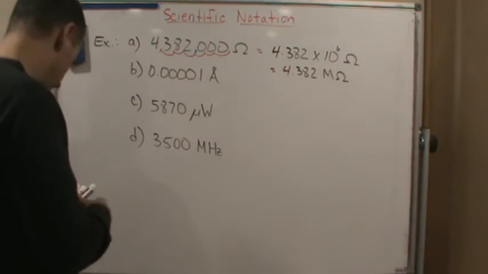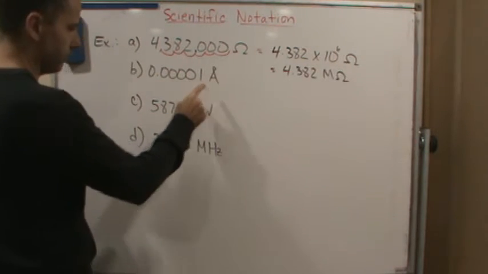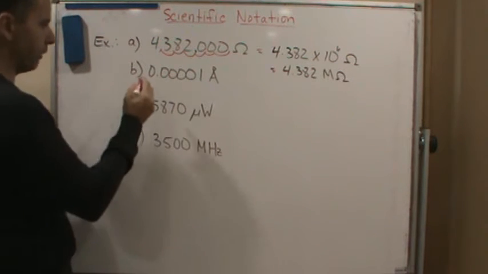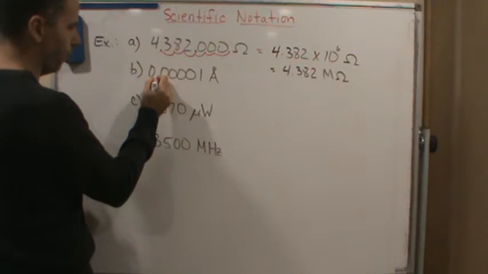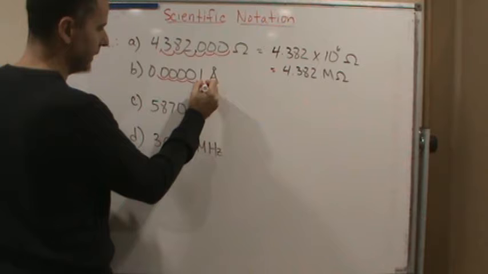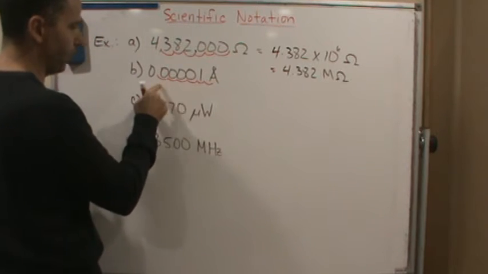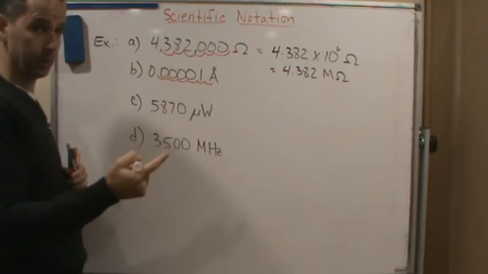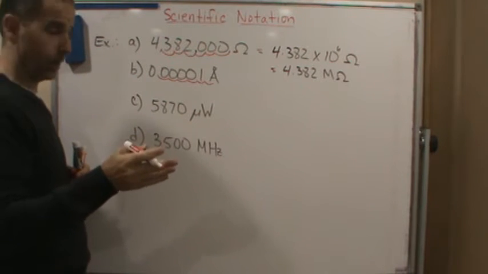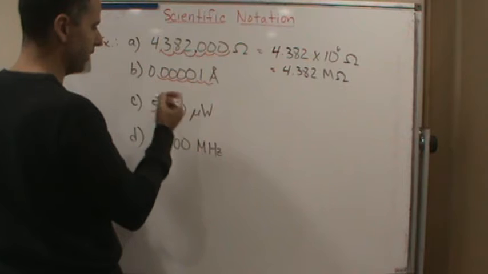Now, what about this one? Angstroms. Okay, so now we've got this many angstroms. So now I'm going to move it over 1, 2, 3, 4, 5, 6. I have to move it over multiples of 3 until I get a number that's between 1 and 1,000.